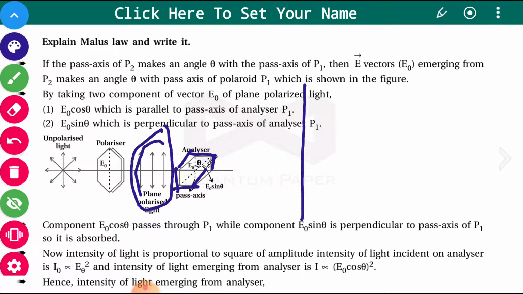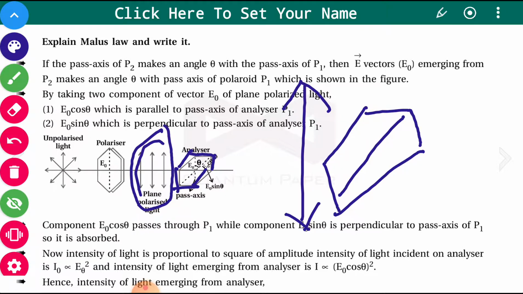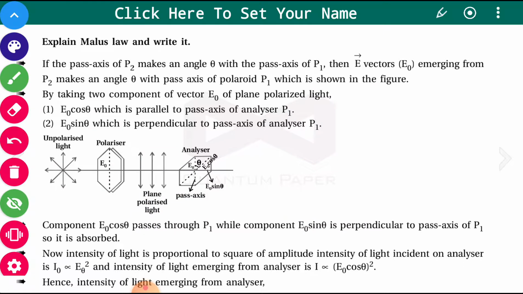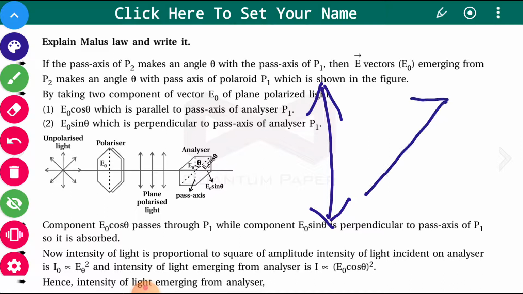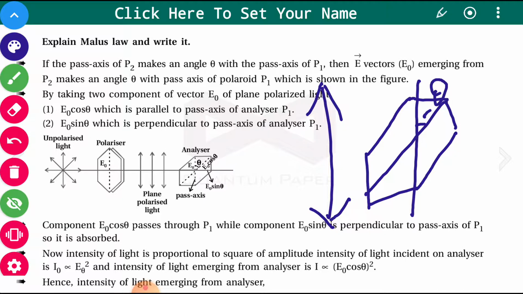Then what will happen? This is the vector E falling on the Polaroid, which behaves as an analyzer. The new Polaroid is kept in such a way that the E vector makes an angle theta with its optic axis. So only the E cos theta component, try to understand, will come out from this optic axis.